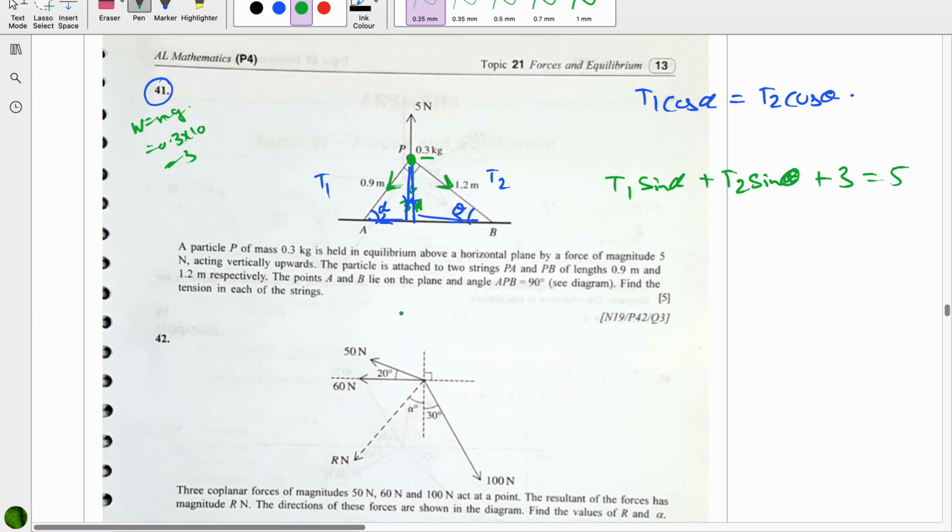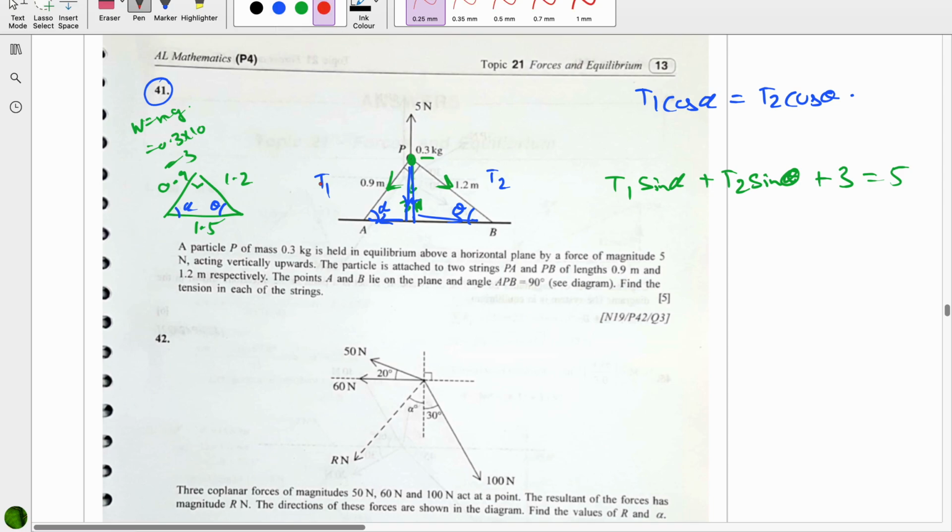Now again we can solve them simultaneously, and before we begin, I know that this is 0.9, I know that this is 1.2, and using Pythagoras theorem, 0.9 squared plus 1.2 squared is 2.25. Square root of the answer is 1.5. So I have all these three values, 1.5, and I took this angle as alpha, I took this angle as theta.